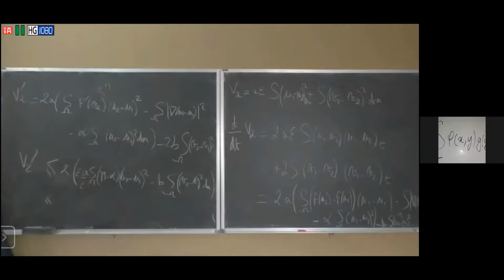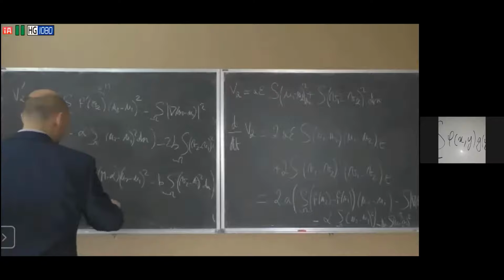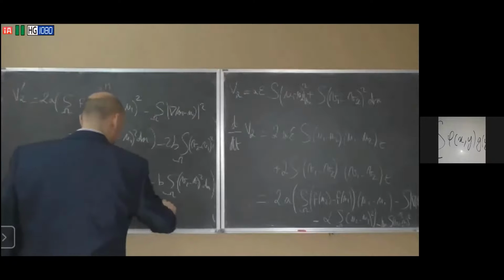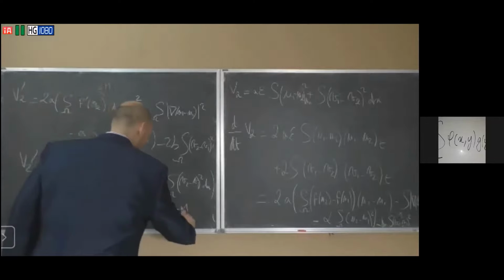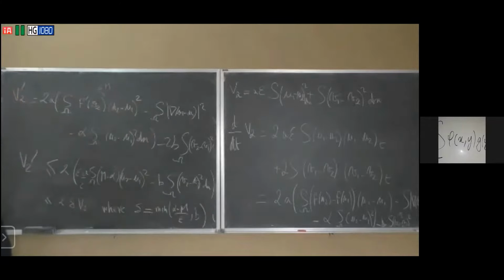So this will be less than 2 times delta V2, where I choose delta to be the minimum between, we have that, right?